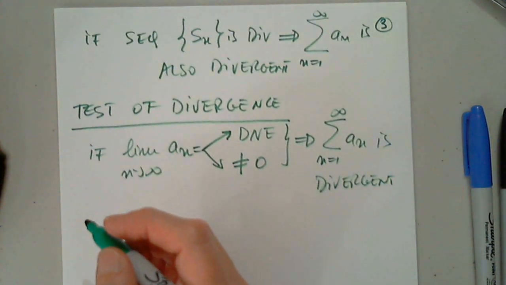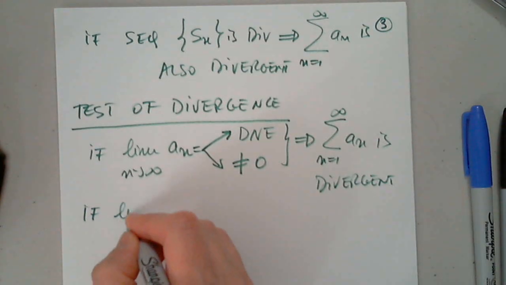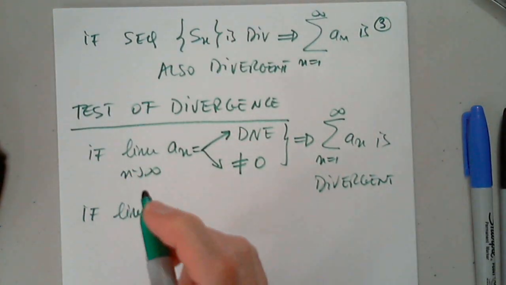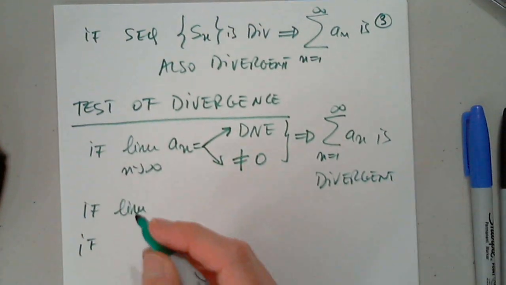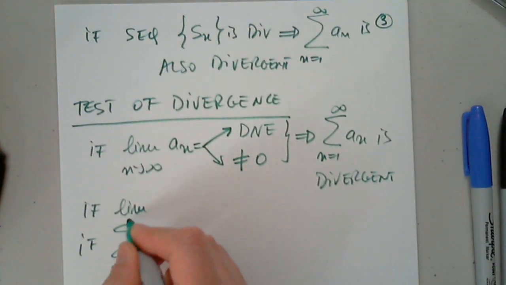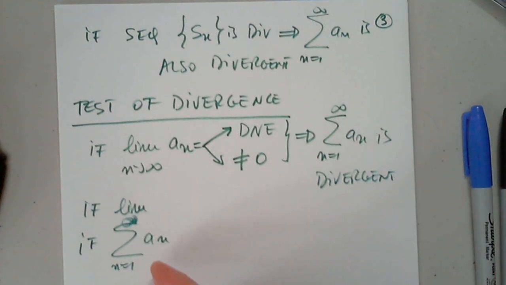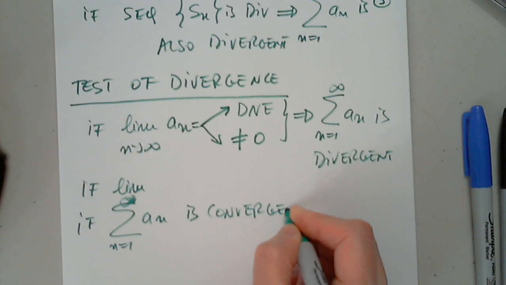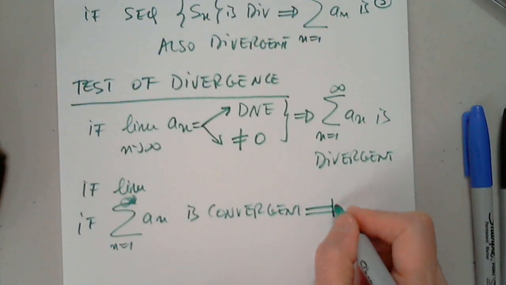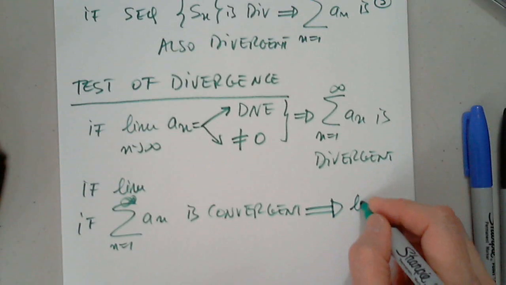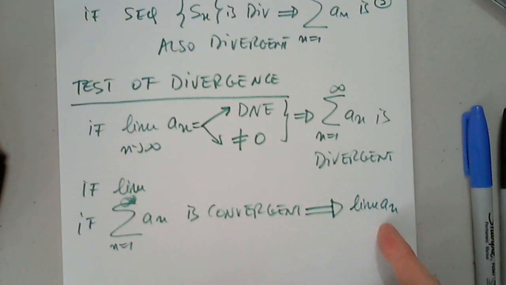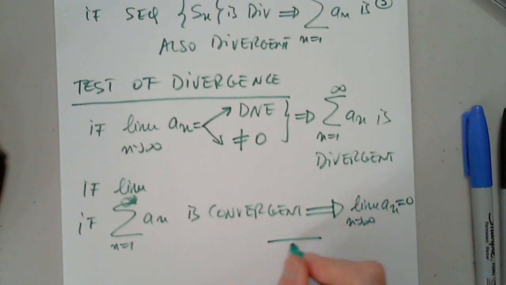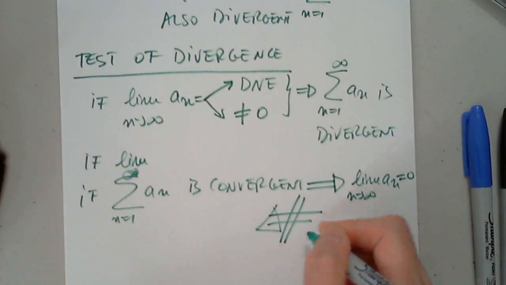Okay, now I didn't mean to write the limit. So I will erase this. If the infinite series is convergent, automatically this implies that the limit of a sub n as n approaches infinity is 0, not the opposite, or the converse.